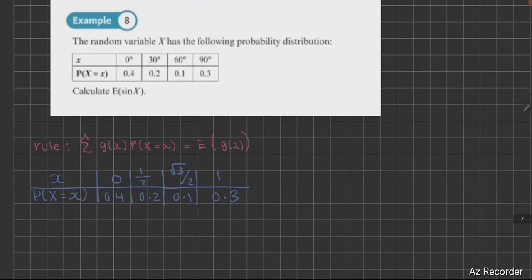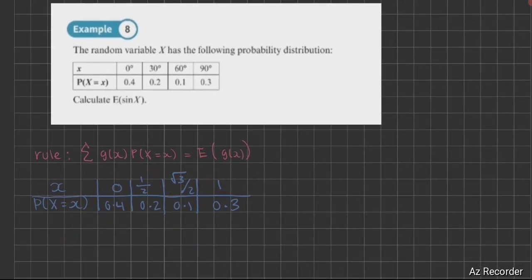So this example is interesting, and I've drawn out the probability table. We're using this rule. So if we're ever given a value of x and they want us to transform it into another function, that's all we do. We calculate the new value after being substituted into the function, and then we just do the normal procedure to calculate the expected value.